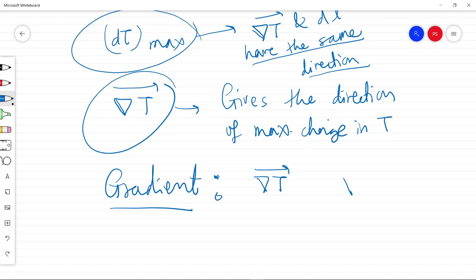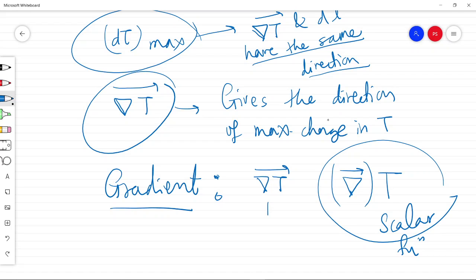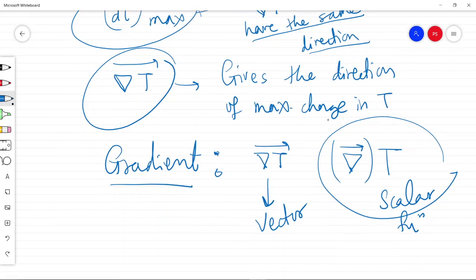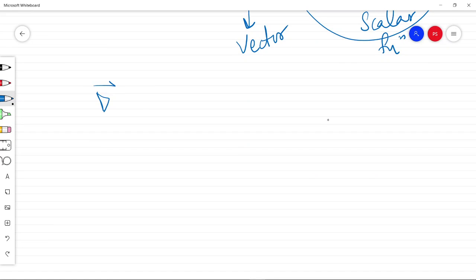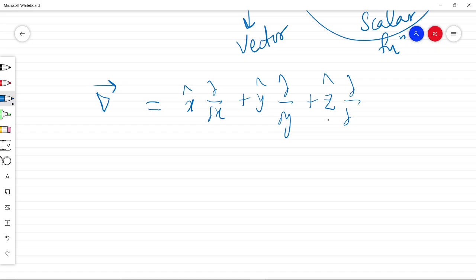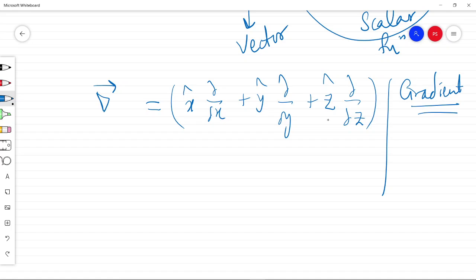Gradient makes the del operator operate on a scalar function. It operates on a scalar function, but the result is a vector. Now, since we have defined this del operator as x cap dou by dou x plus y cap dou by dou y plus z cap dou by dou z, and we have already defined one operation using this del operator and called it gradient, we can have two more such operations.